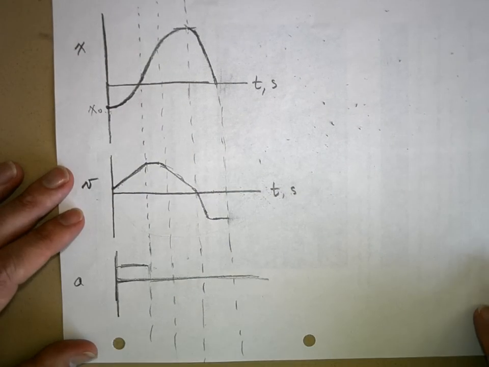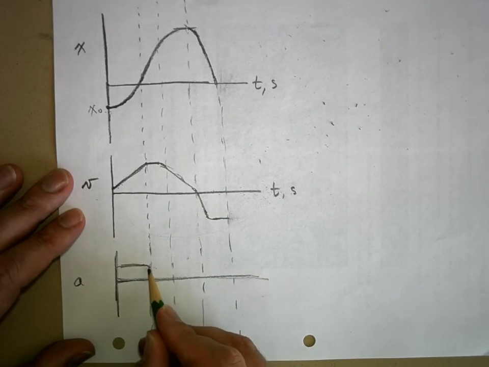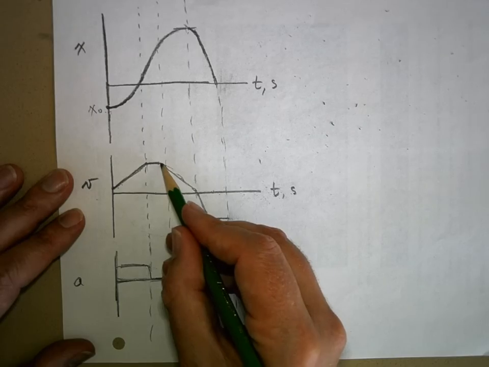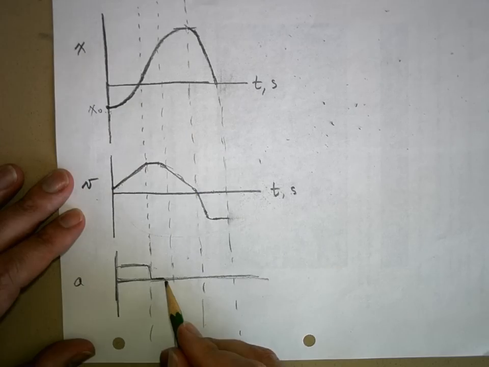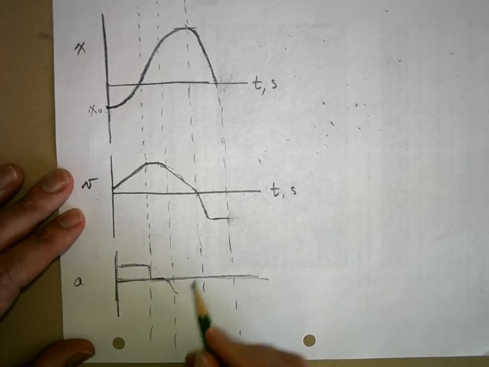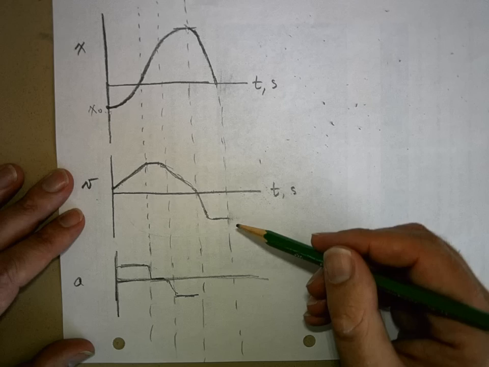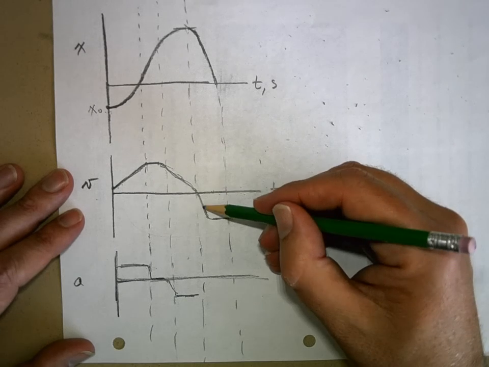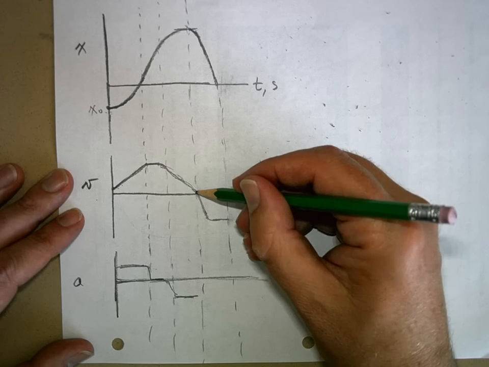So here it looks like the slope very quickly went down to 0. And then right in here, the slope starts becoming negative. And here we have a constant negative slope. And then we have a steep change in the slope.